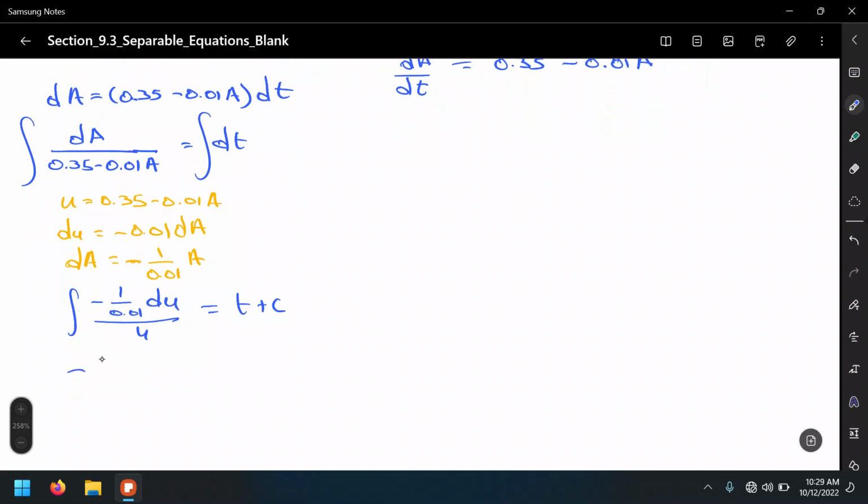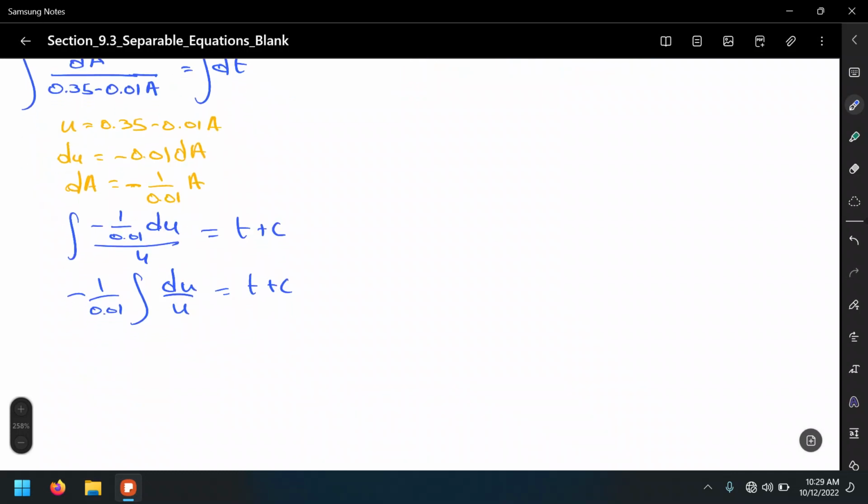All right, let's take a couple steps to simplify the integral on the left-hand side. Let me take the constant factor out of the integral so we can easily see the rule that we're going to use to integrate du over u, which again is going to be a natural log. So negative 1 over 0.01 ln of u equals t plus c.